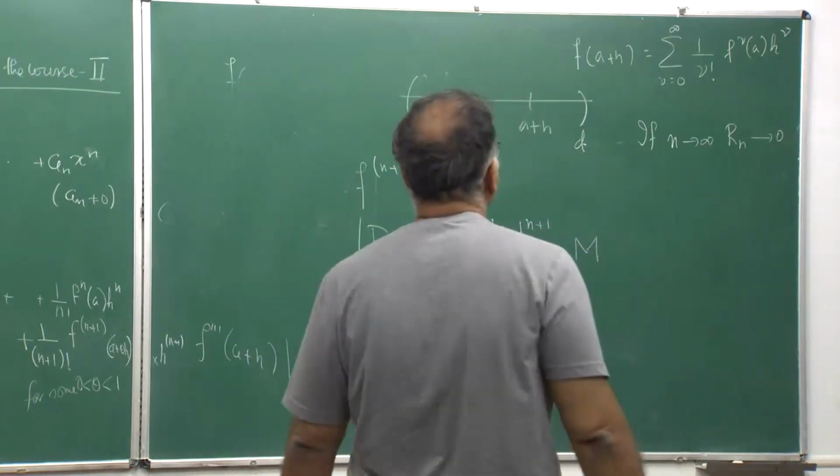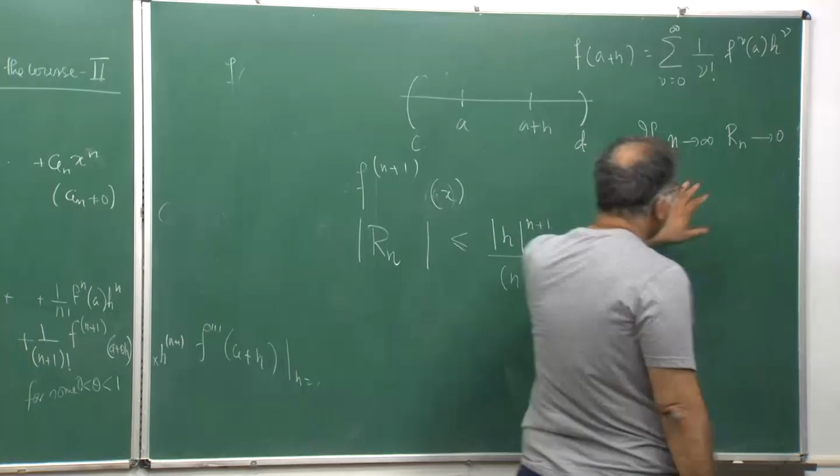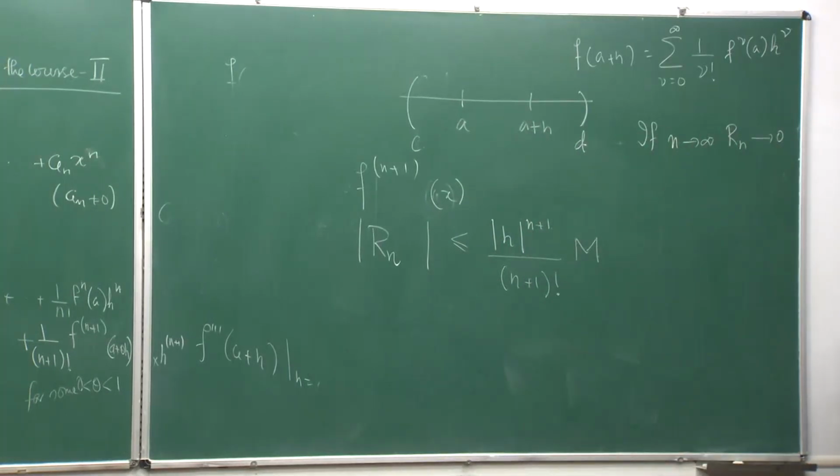So it becomes a convergent series provided R_n goes to 0 as n tends to infinity. It is not that every time R_n will go to 0; it will go to 0 for certain examples, and that is what we should be looking at.